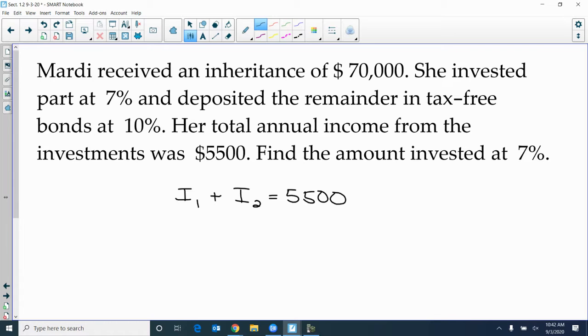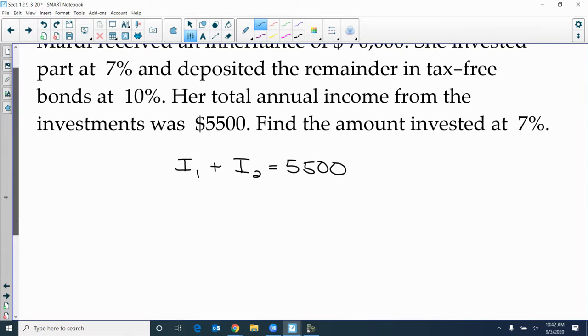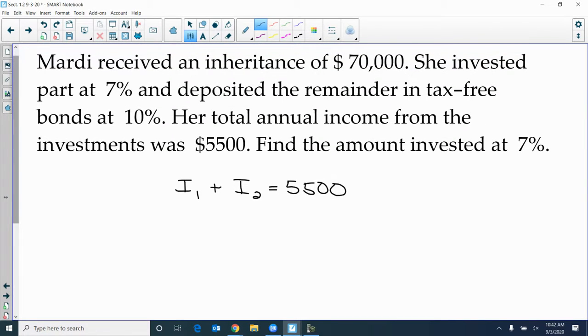All right, how do I calculate the interest? It's amount times the percent. Well, we know the total is 70,000. Do we know the amount for each one?